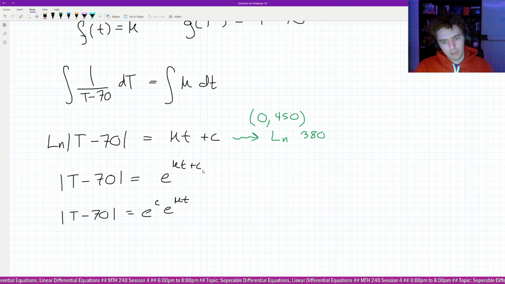So 36 over 38, which is 18 over 19. 18 over 19 equals e to the 10k. Okay, so ln of 18 over 19 equals 10k, and divide by 10. So k is 1/10 ln 18 over 19. Let's see if that's what he got here too. Yep, that's k.